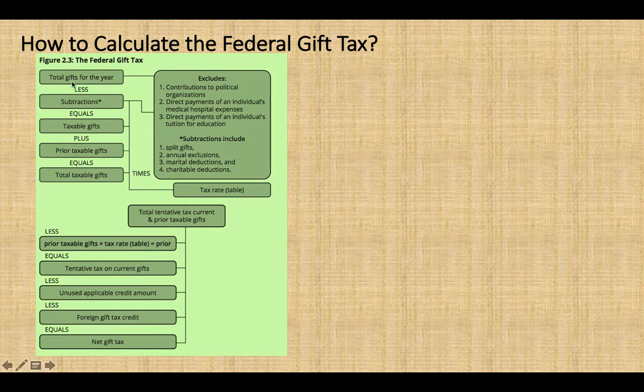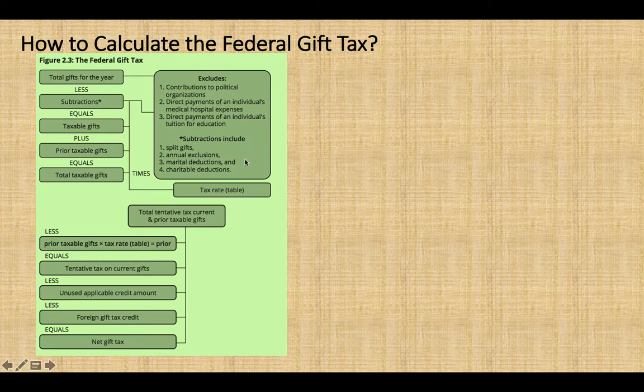Basically here it says the total gift for the year. If you make a gift for the year, any gift you may be eligible for exclusion is subtracted. These are other exclusions. For example, if you help someone by paying tuition directly to the university, this is not considered a gift.